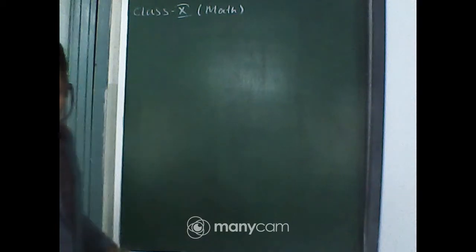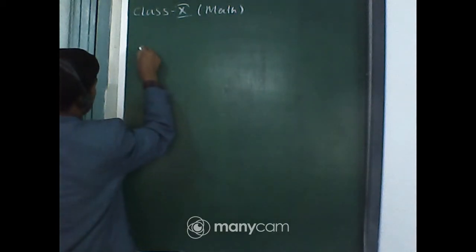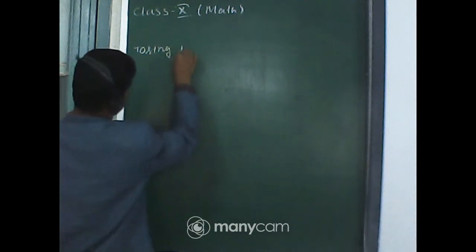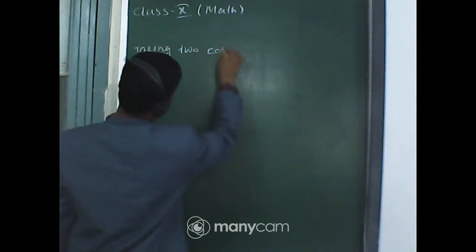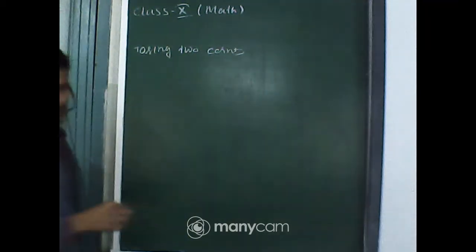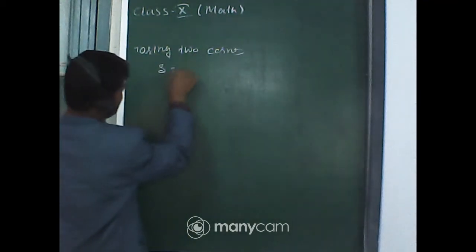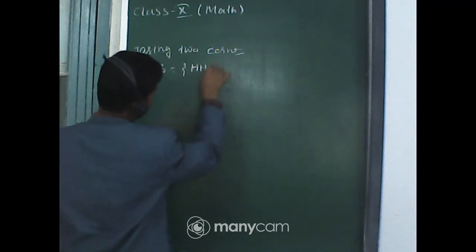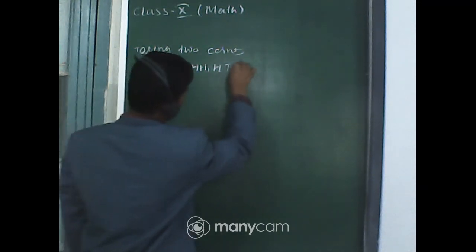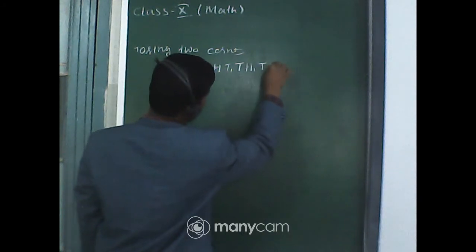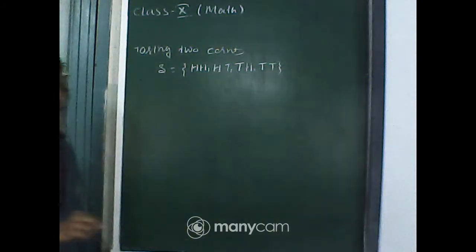Okay, suppose we are tossing two coins. In that case we know that the sample space will be HH, HT, TH and TT. 4 elements will be there.